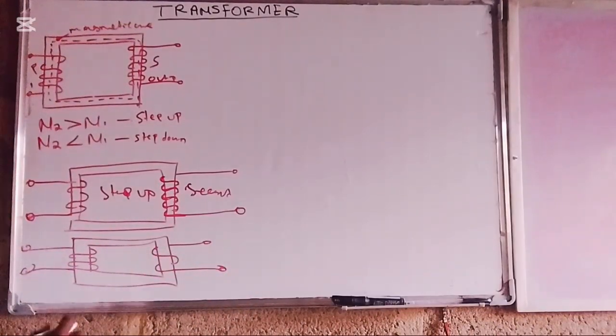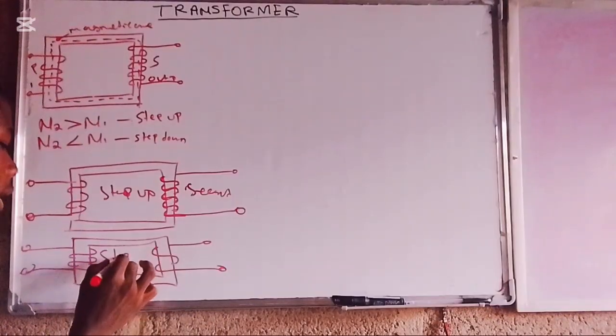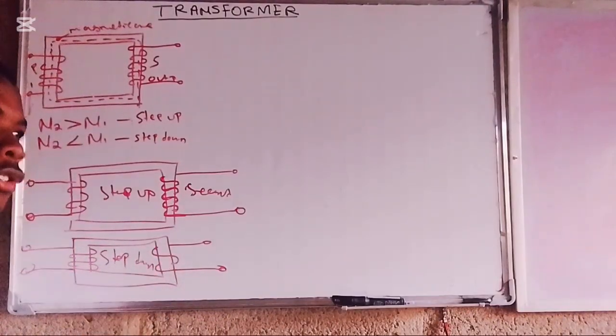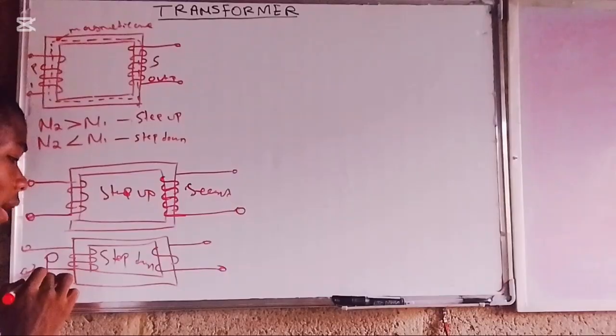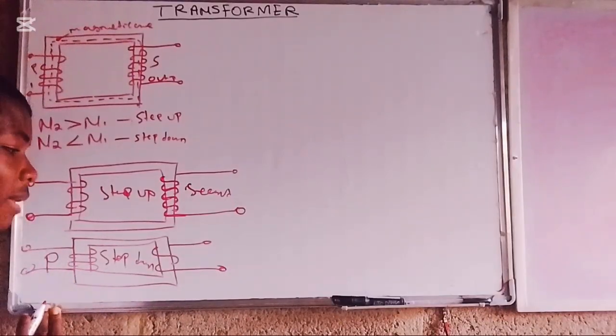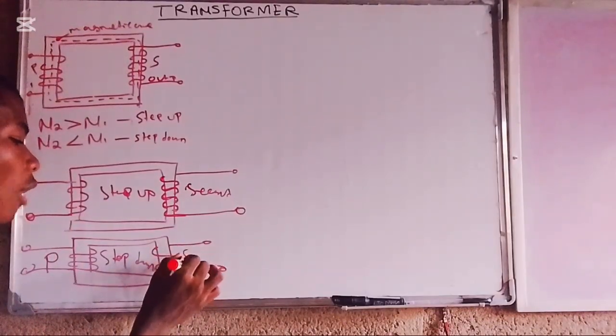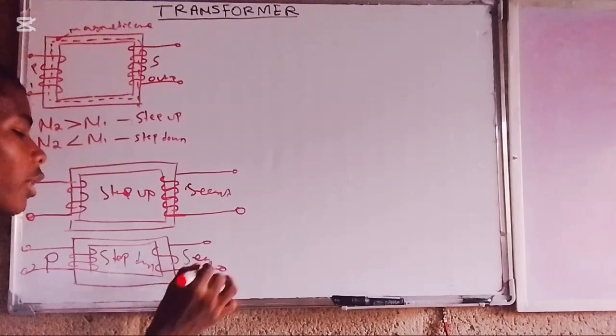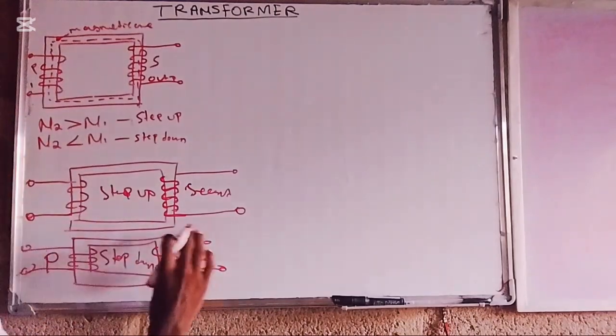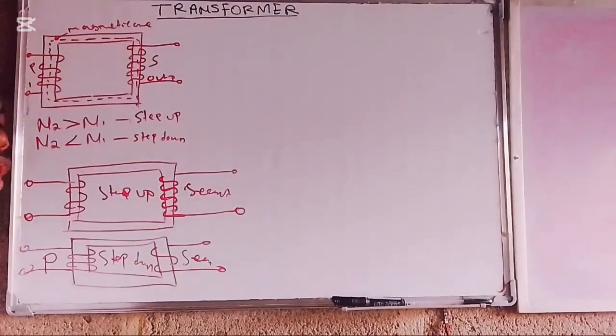As you can see, this is a step down transformer because the number of turns of the primary side is greater than the number of turns of the secondary side. So this is a step down transformer.